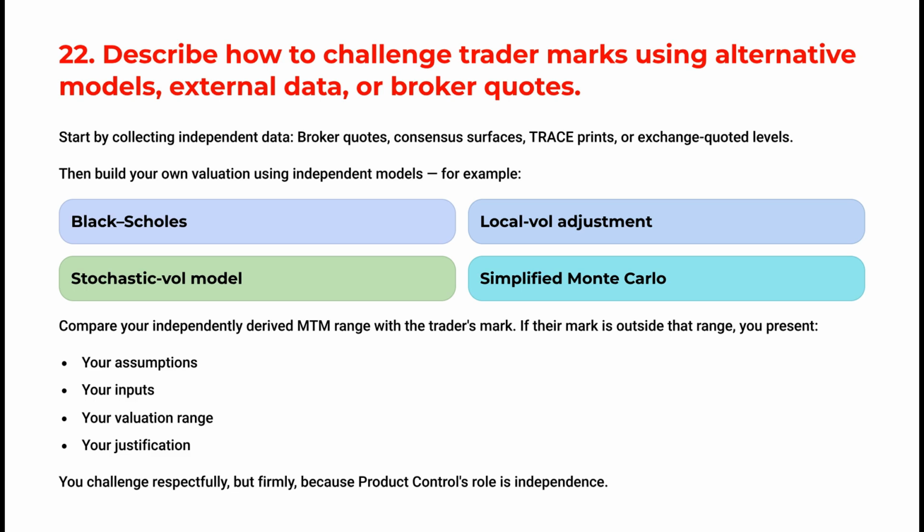Compare your independently derived MTM range with the trader's mark. If their mark is outside that range, you present your assumptions, your inputs, your valuation range, your justification. You challenge respectfully, but firmly, because product control's role is independence.